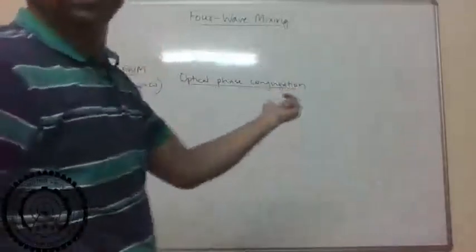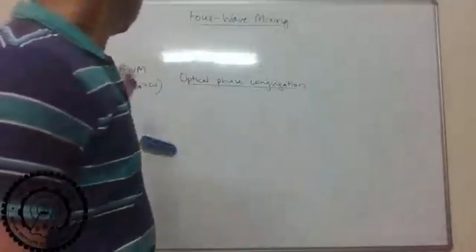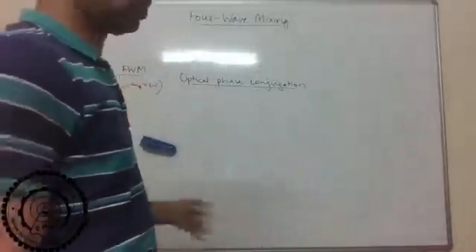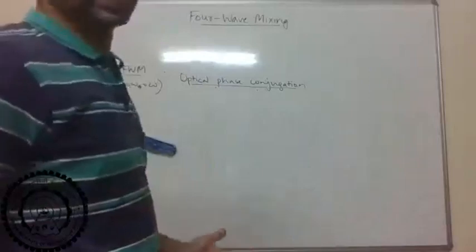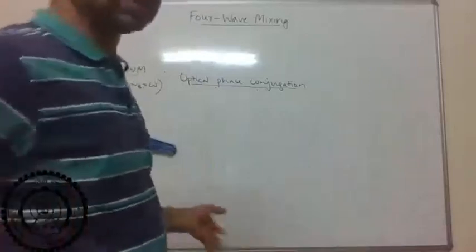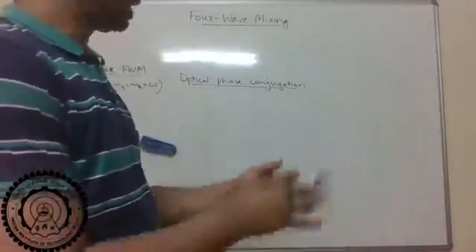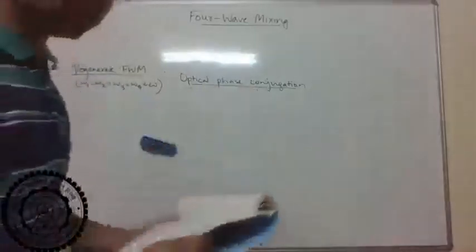Basically, to do that phase conjugation, we need something which does the phase conjugation, so we use nonlinear optics. So it's not just a medium on its own. In some sense, it's like an active medium. It's a nonlinear medium, plus we need to pump it with some lasers to make it act as a phase conjugate. So we'll discuss that next.